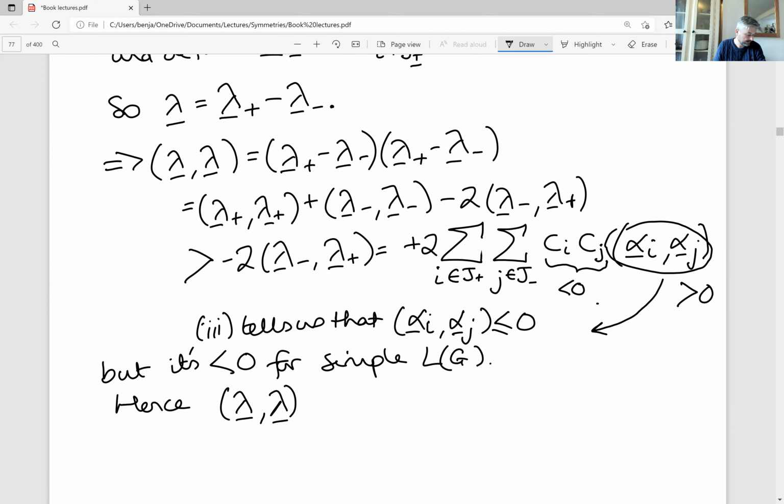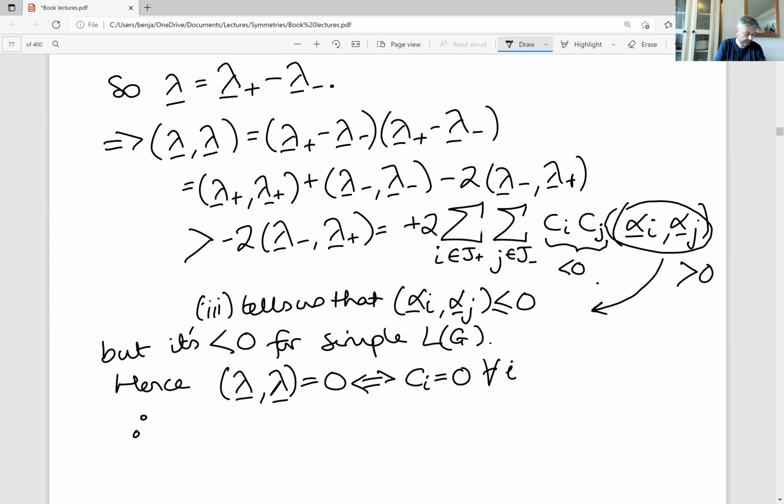And so the inner product of lambda with itself being equal to 0 should have no solutions apart from lambda equal to 0. This implies that c_i is 0 for all i. Therefore, simple roots are linearly independent.